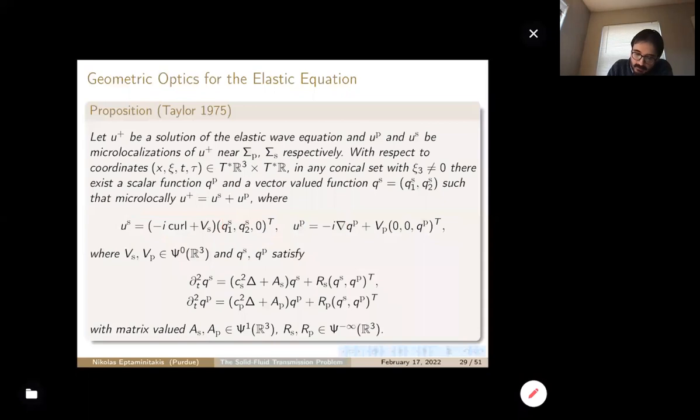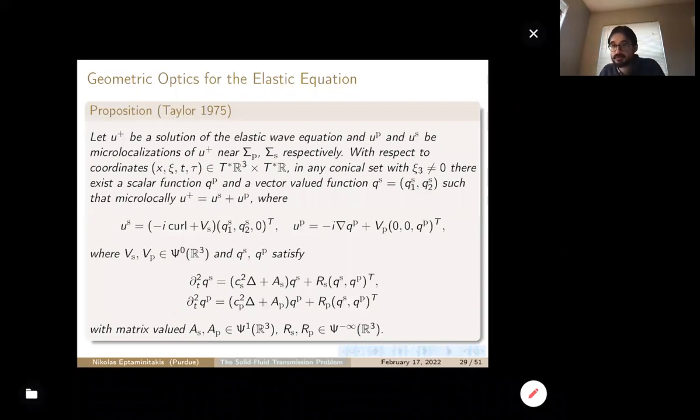And those potentials, Q_S and Q_P, satisfy principally scalar systems. So those equations should be interpreted as systems, but actually the second one is for a scalar, but here we have truly a system, but it is principally scalar.